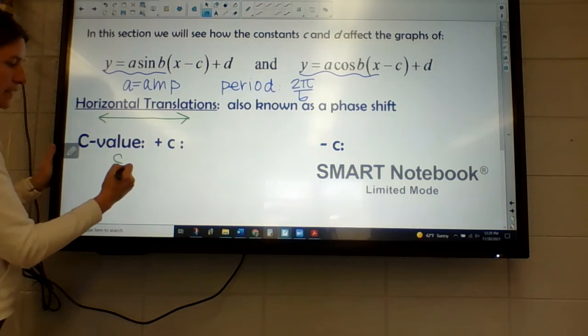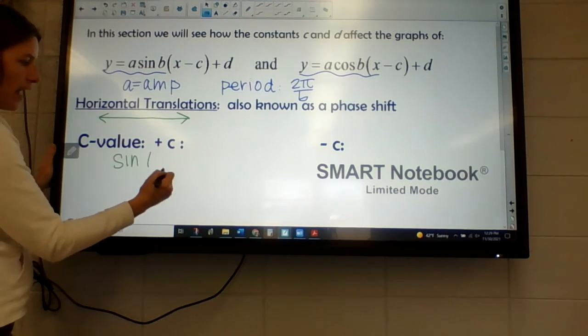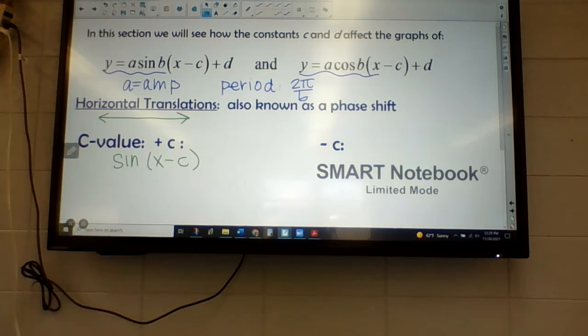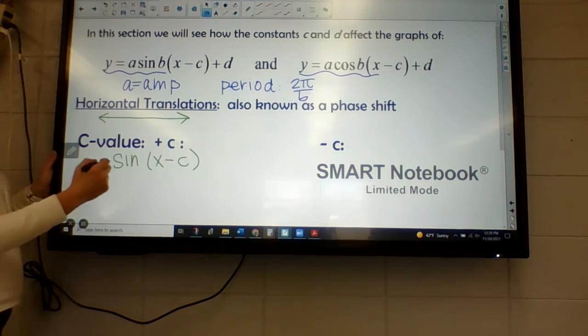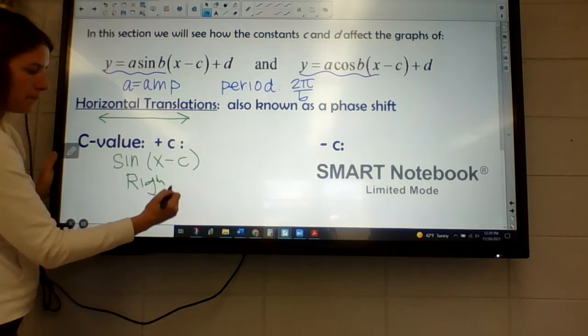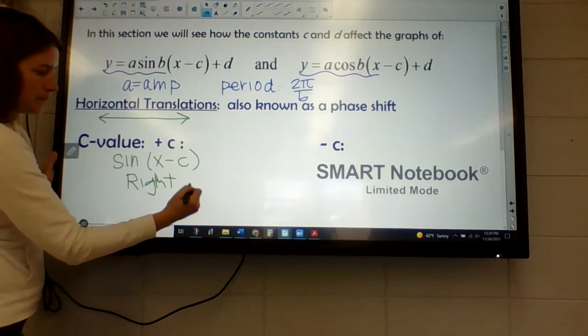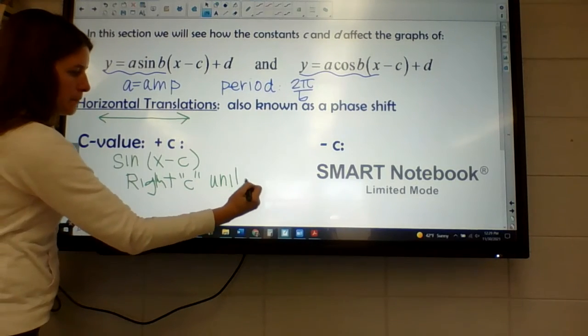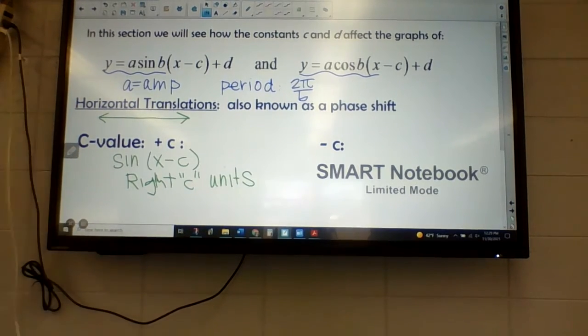If I have sine of x minus C, C is technically positive in that case because you're subtracting it in the formula. We're going to move to the right C units. So it's kind of confusing there. It's kind of an opposite sign.